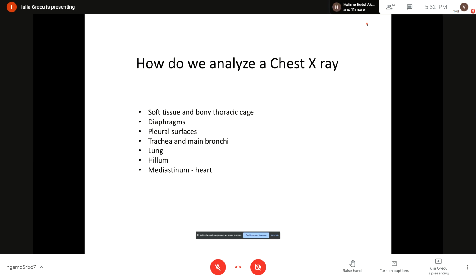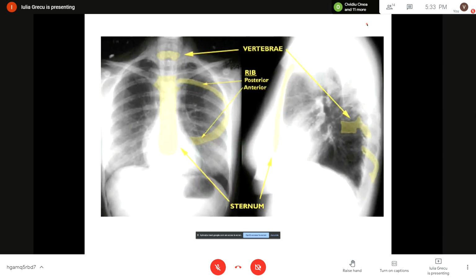Also connected to the mediastinum are the right and left hilum, and the most deep structure is the mediastinum, which is composed of a series of vascular structures and fat and lymph nodes, and we will see further and remember exactly how they look. So we will try to take it like this, and we start with the thoracic cage.